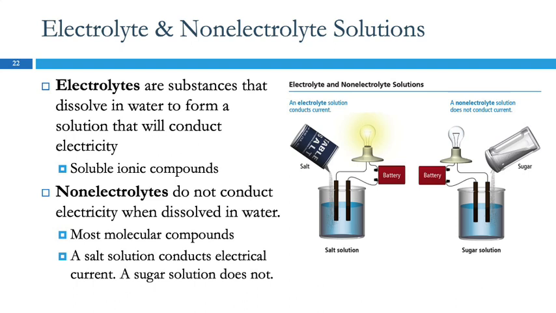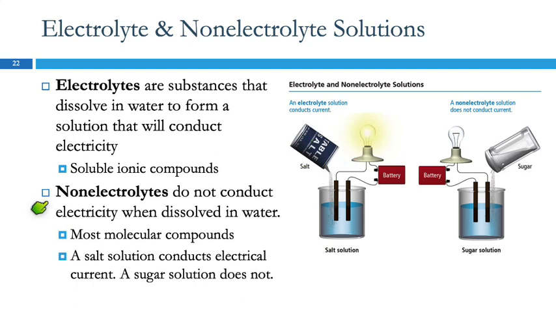Electrical current is negative electrons moving. And so nothing will happen, but then if we add table salt, now the salt is dissolving and forming ions that are separate from each other that can move around, and so those ions can carry the electric current, and the light bulb goes on. So that's what happens with an electrolyte.